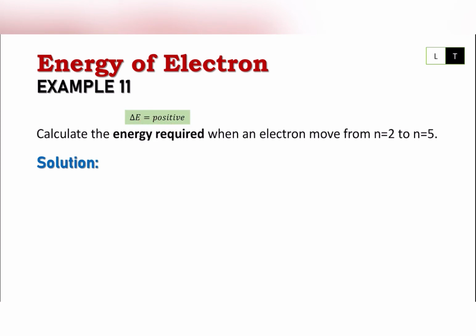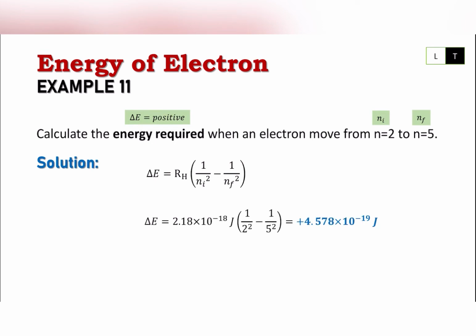After that, I label n initial as n equals 2, because of the word from, and n final as n equals 5, the word to. With this information and the formula, I calculate delta E. Put in the constant value, and this is your final answer with a positive sign to indicate the energy required.